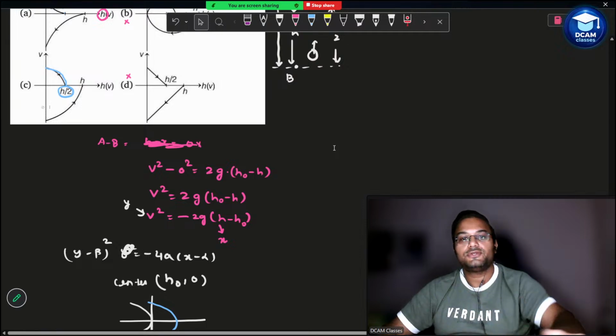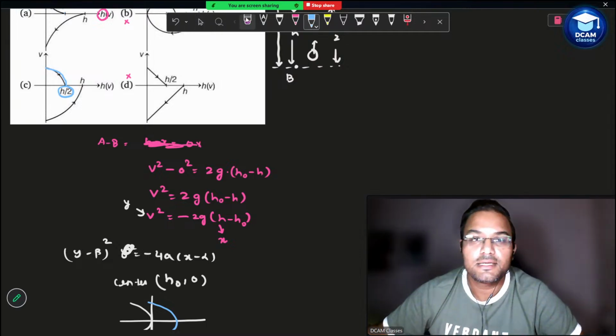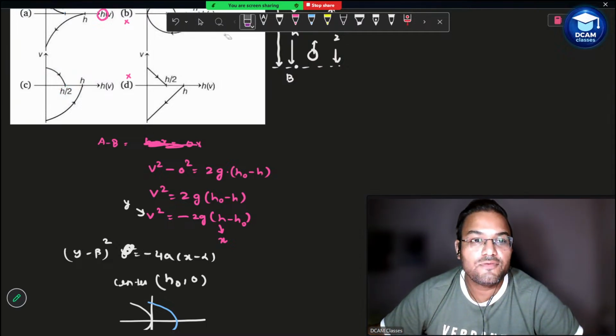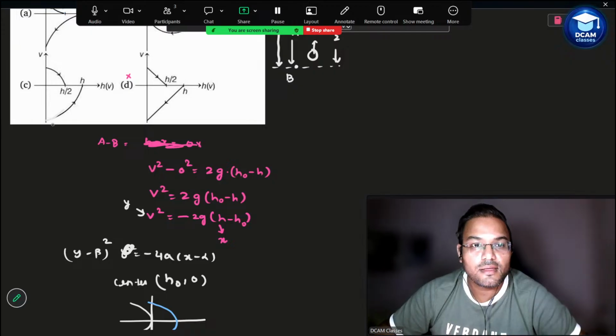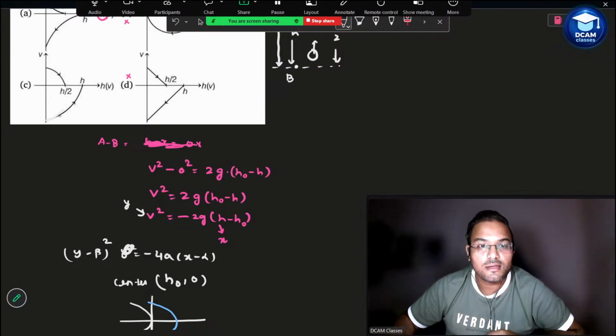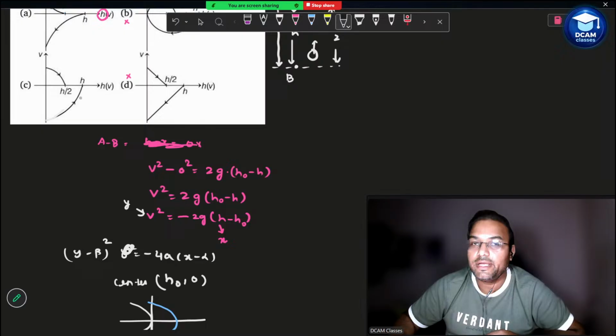Oh, sorry. It's the reverse path. This is the graph of the reverse path. The first graph is this one. Able to see this one? It's the going graph.